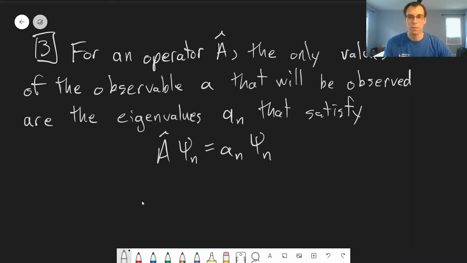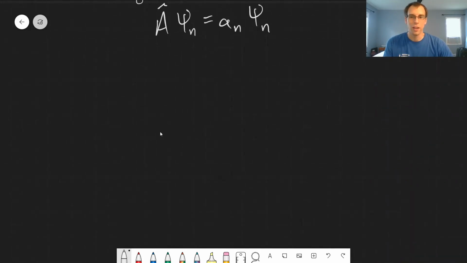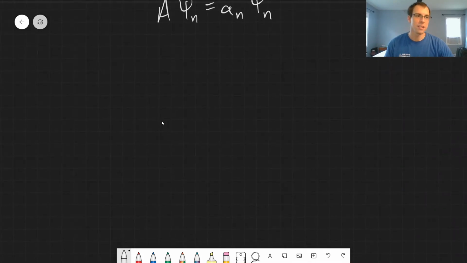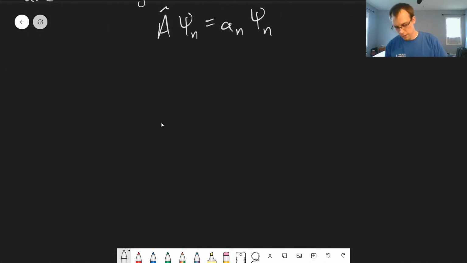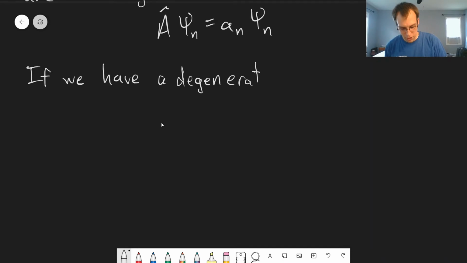Now, this is sort of a corollary that went with postulate 2 and relates to this one. If we have a degenerate system, and just as a reminder, something being degenerate means that you have multiple eigenfunctions that give the same eigenvalue.